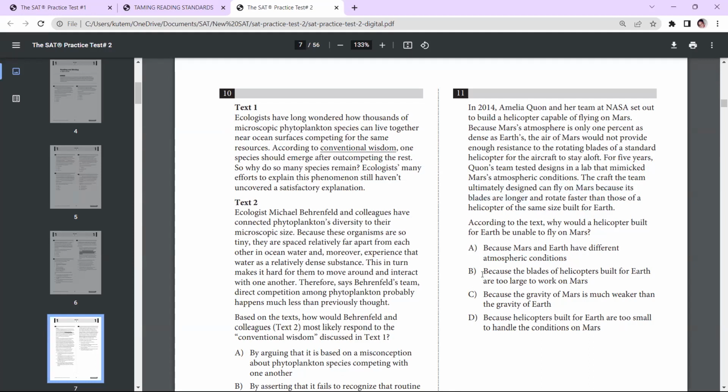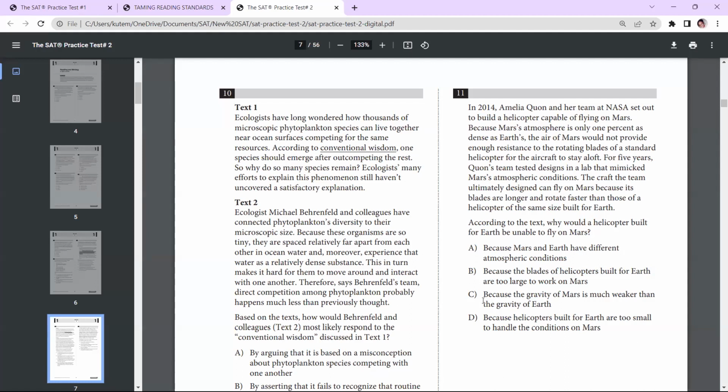This one gets the information but makes it wrong by switching. It says the blades are too large instead of saying the blades on Earth are too short for Mars. So this would also have been a right answer if it contained the correct information, because that would be the reason. It would need longer blades and need to rotate faster than what's built on Earth.